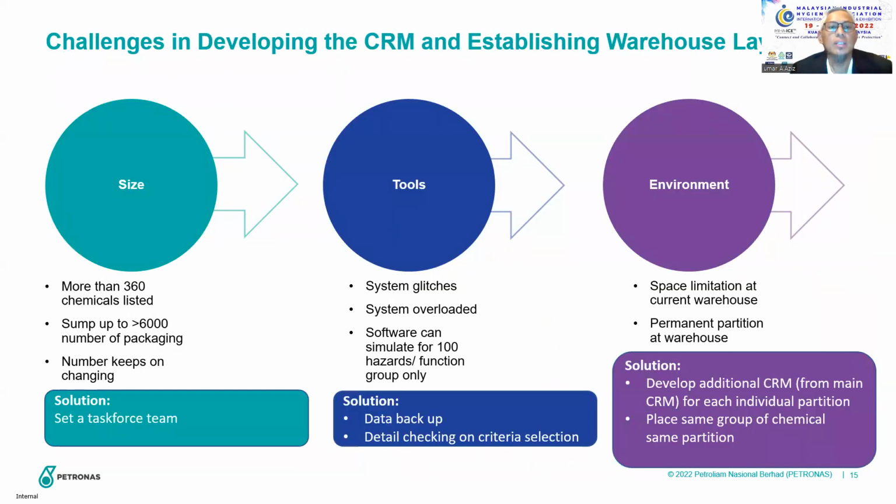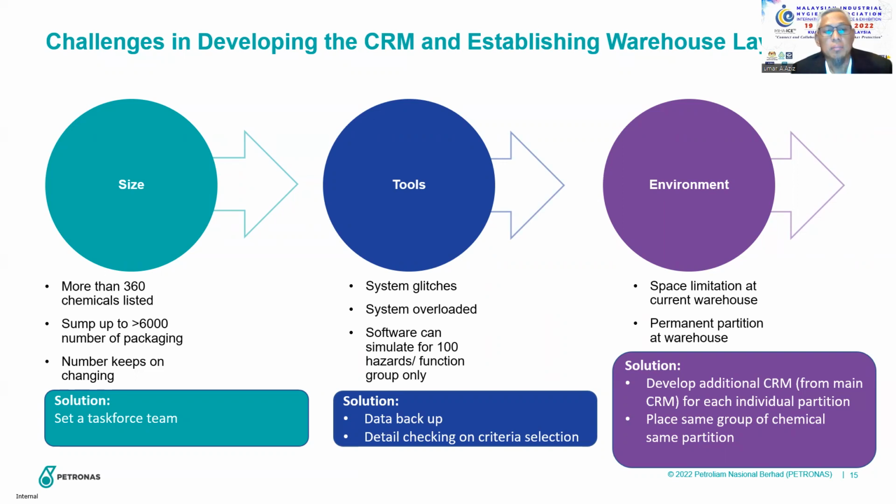After knowing the preparations and other mechanisms in developing the CRM, now I would like to share with you the challenges during the process of developing the CRM and establishing the warehouse layout. In terms of size, we have more than 360 chemicals listed to be stored in the CSB.